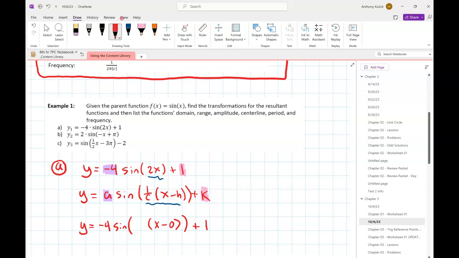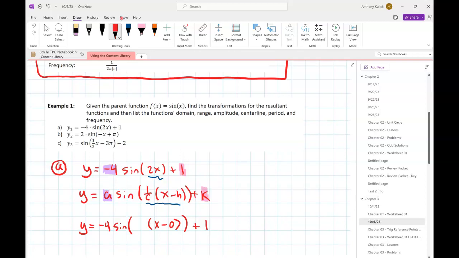But how do I write 2 as 1 over C? We did this last time. How do I write 2 as 1 over C? What would the C have to be? Good. A half, right?